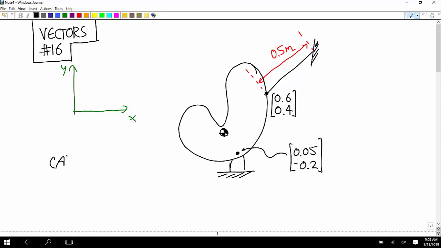And we know that the cable has a tension T. We want to know two things. First, what's the force vector that the cable applies to the body?